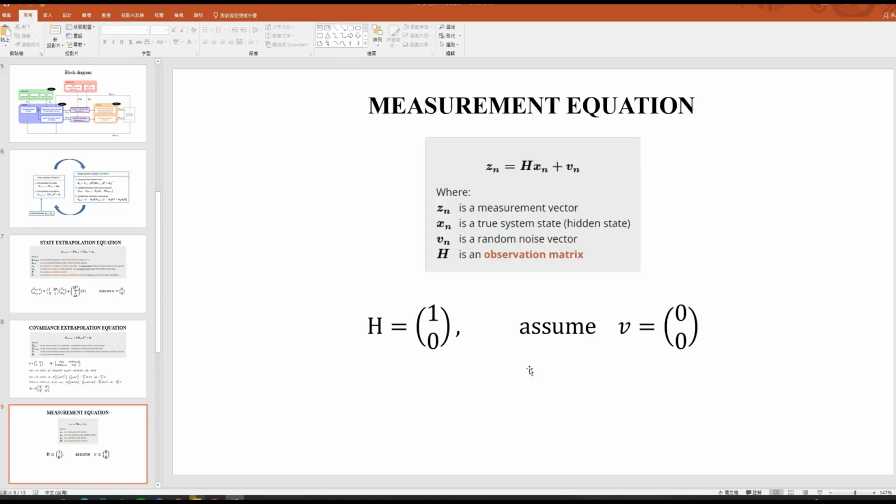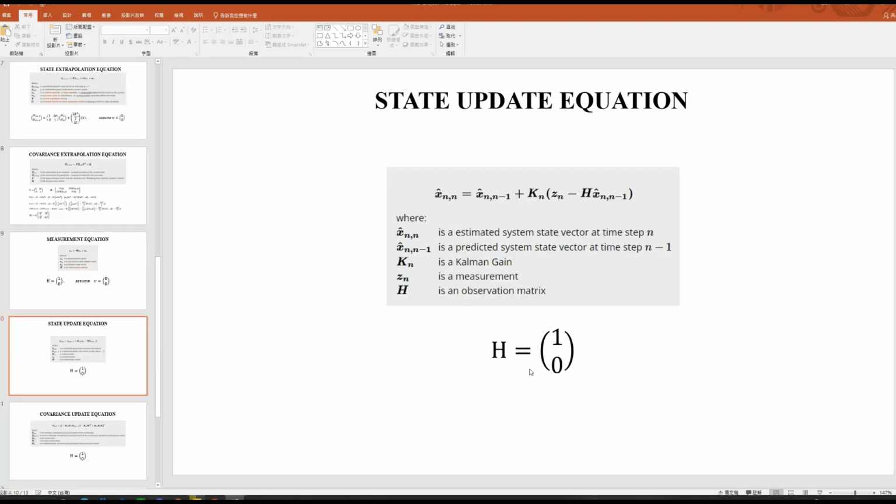Then this is the measurement equation. The state vector over here represents the value obtained from the sensor. And in our case, we also assume the random noise vector is 0. And this is the state update equation.